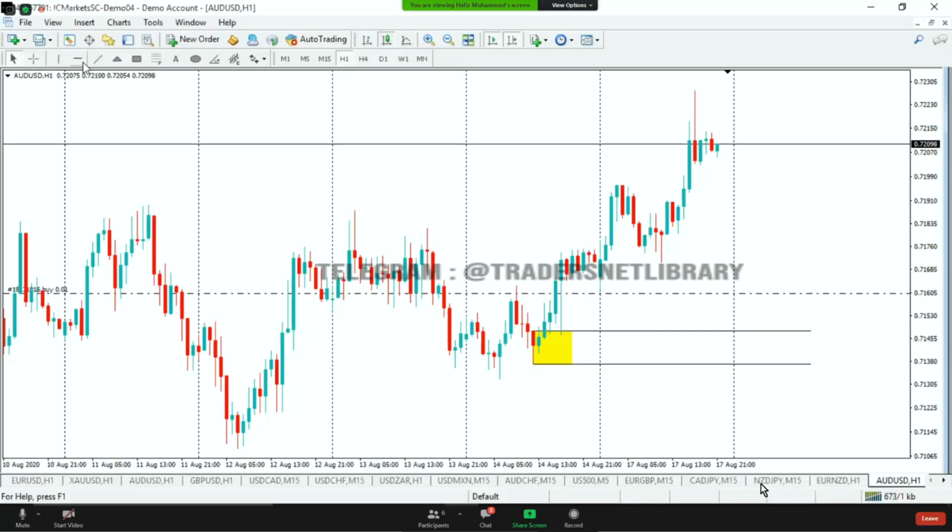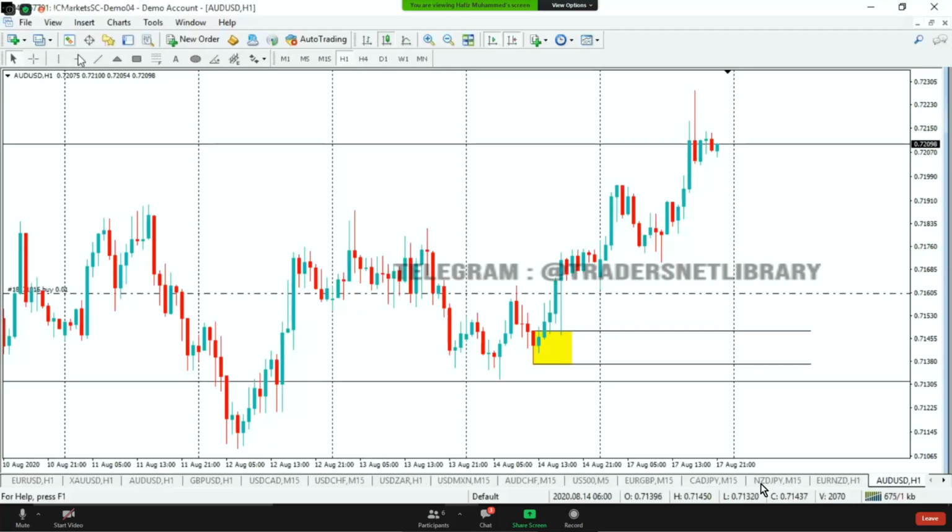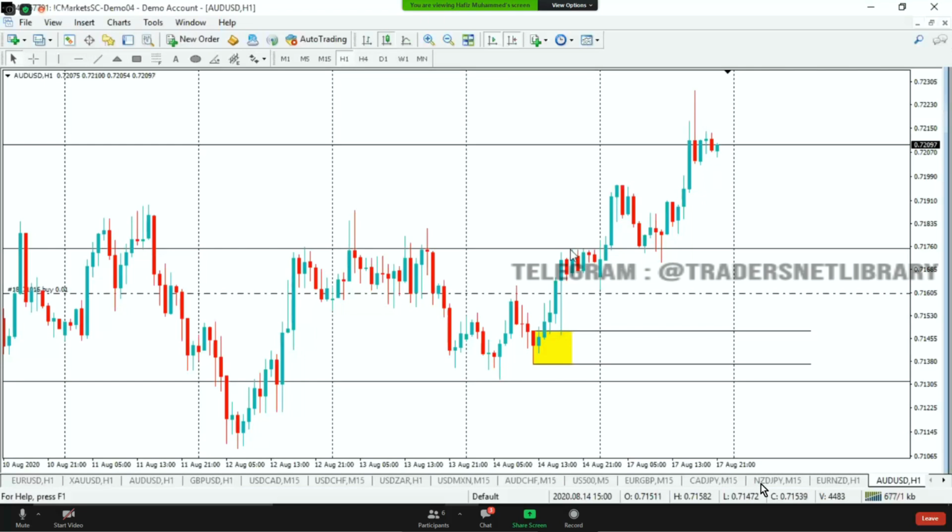This was the low of Friday, and this was the high of Friday. When market is in an uptrend, we are aiming at catching demand zones that are close to the lows.